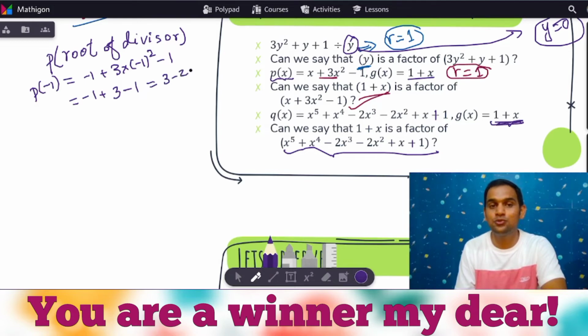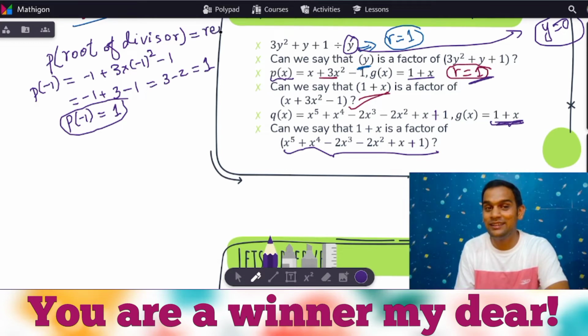So 3 minus 2, we get plus 1. Now please be careful. We got the value of p of minus 1, where minus 1 is the root of the divisor, as 1. And the remainder we got was also 1. Yes or no? Can I say that p of the root of the divisor is the remainder?